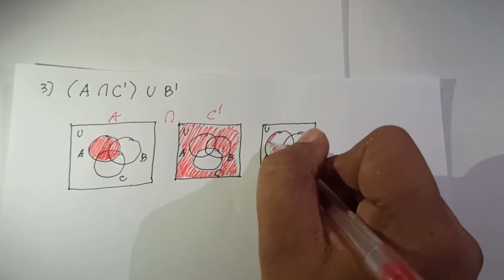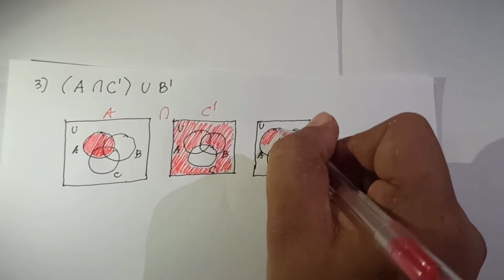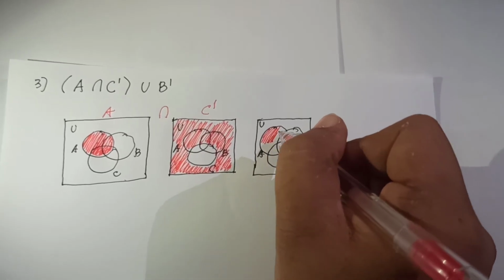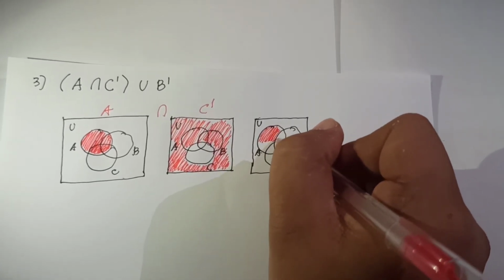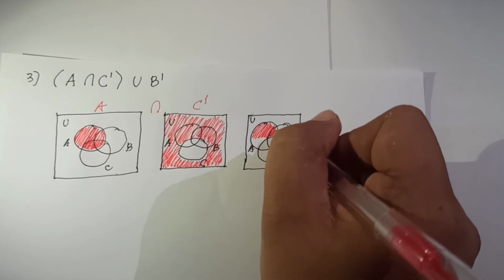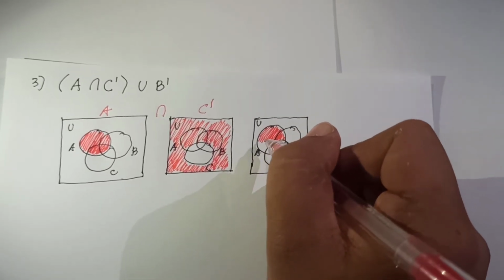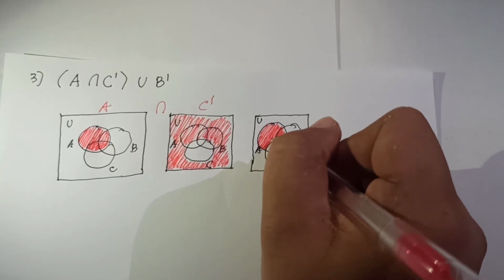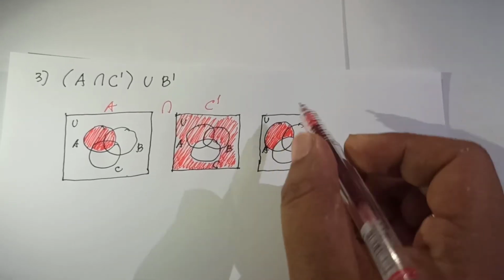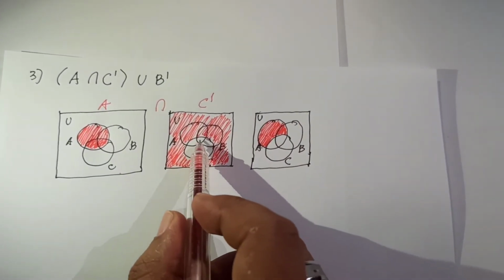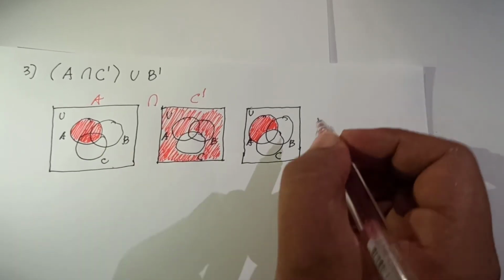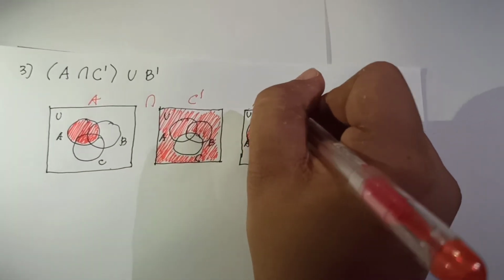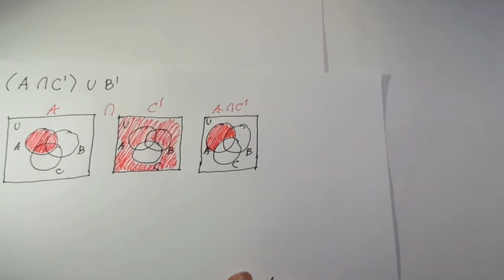Here, the shaded part. Included, ito po included. And here only. So, this is the intersection. Not included because wala po siya dito. Okay. So, this is A intersection of C prime.